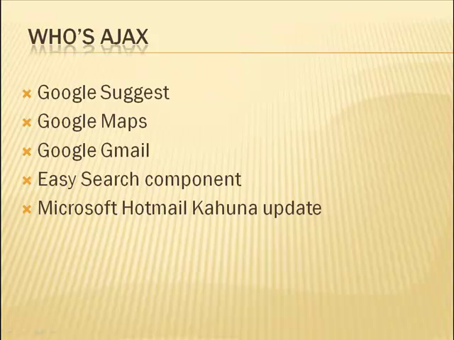And the second component in Google using Ajax is Google Gmail. Google Mail is a web-based email system available through Google. And the Easy Search component. The ASP.NET Easy Search component provides support for searching a single website, similar to the Google Suggest service available through Google.